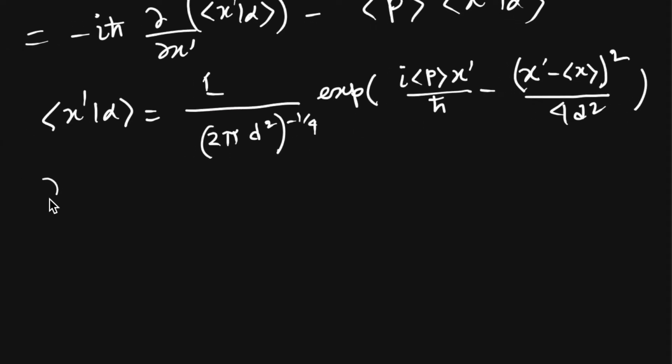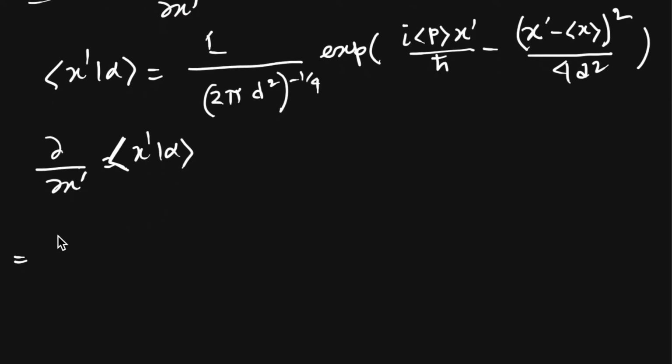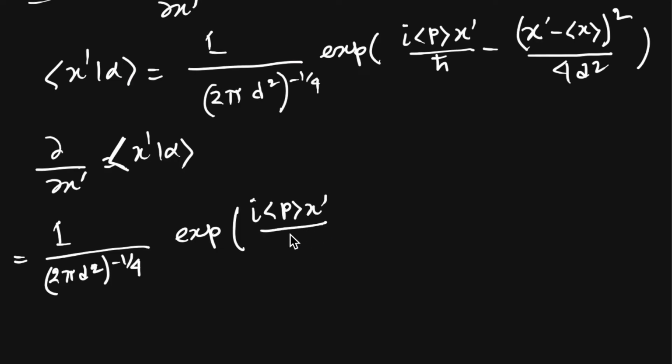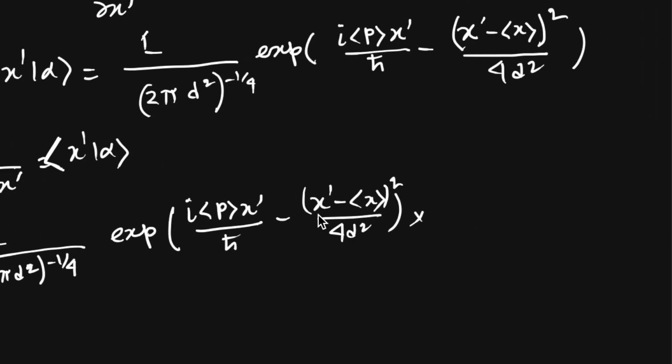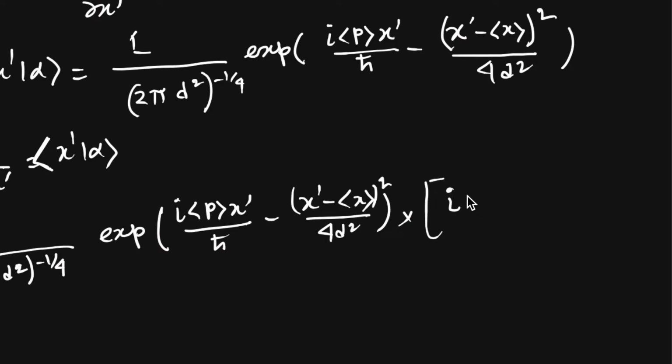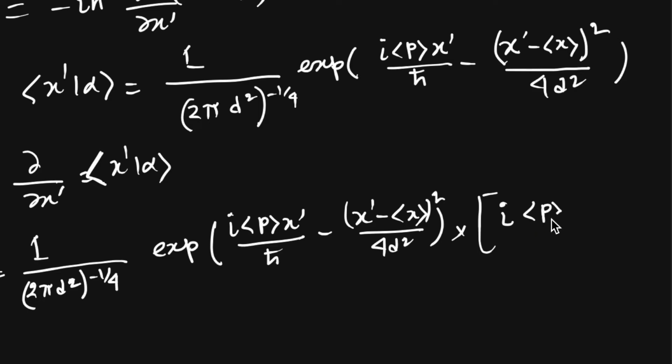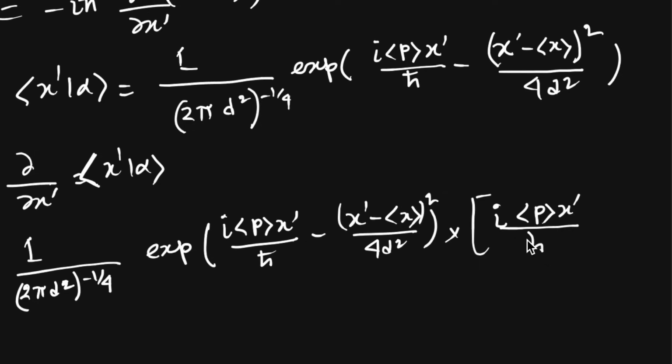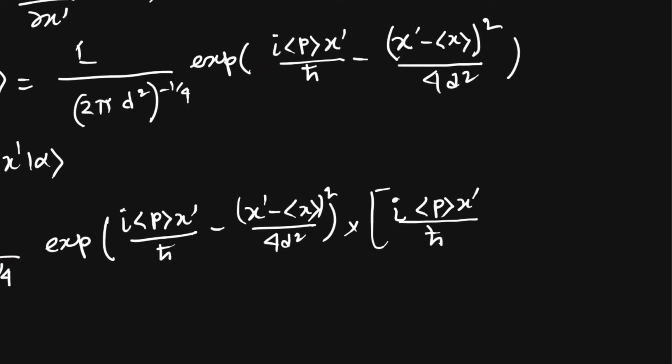So let us check what is the value of del x prime. It will be del x prime x alpha, it will be 1 by 2 pi d square to the power minus 1 by 4, exponential i p x prime by h-cut minus x prime minus expectation of x, its square, by 4 d square, multiplied by i p, sorry, there will be no h-cut, is del x.